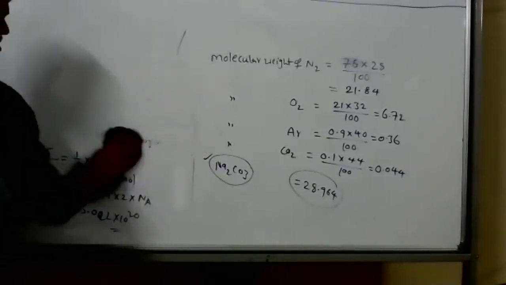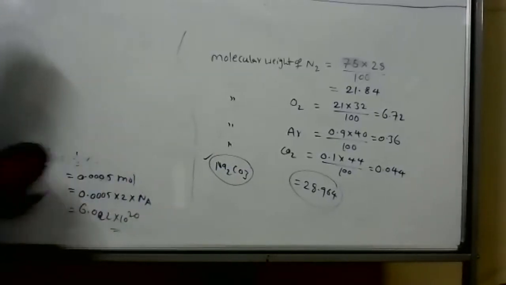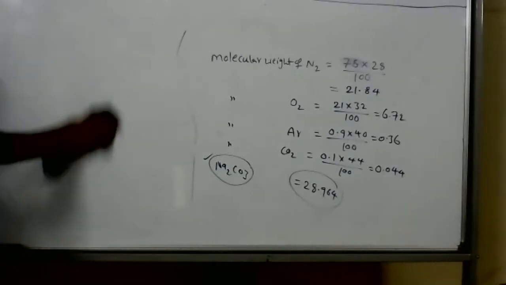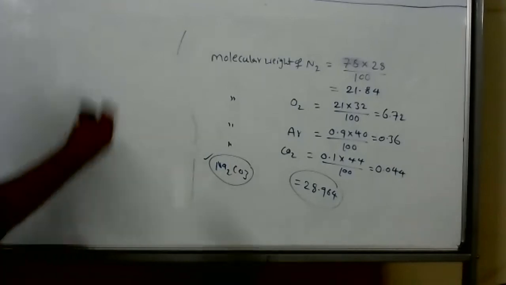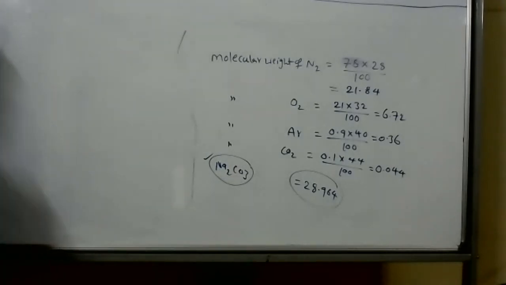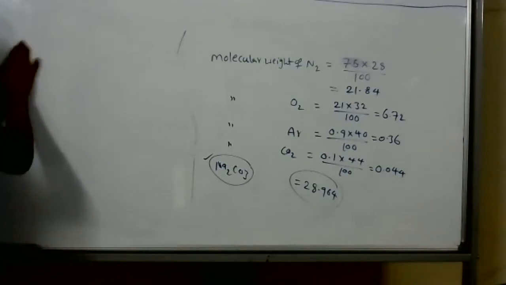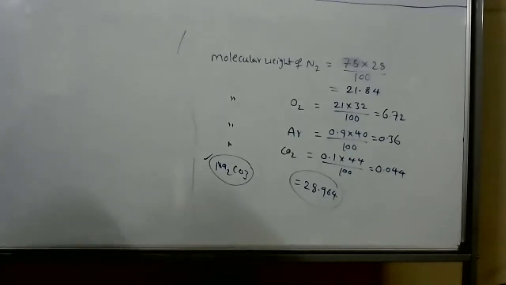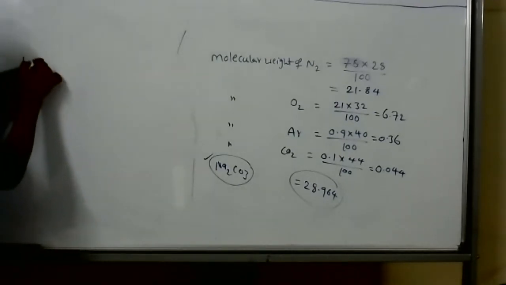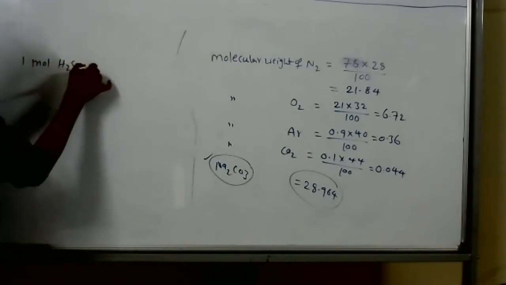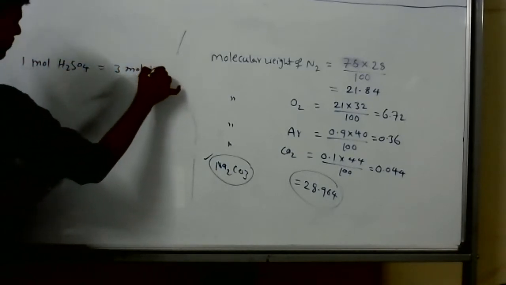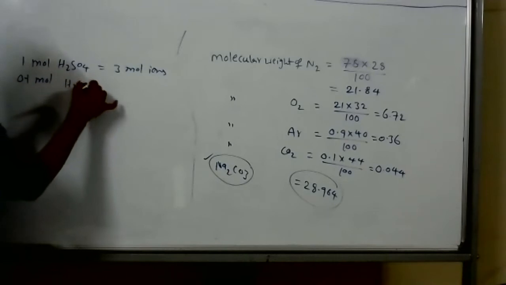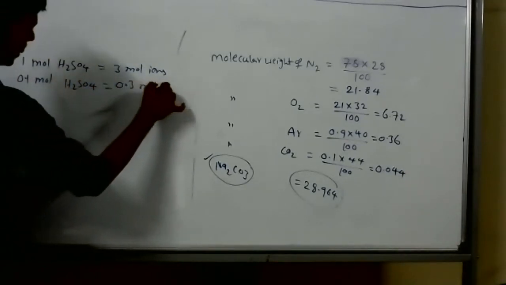I think it's option D, 1.8 into 10 to the power 23. One mole of H2SO4 gives 3 moles of ions, so 0.1 mole of H2SO4 gives 0.3 mole of ions.